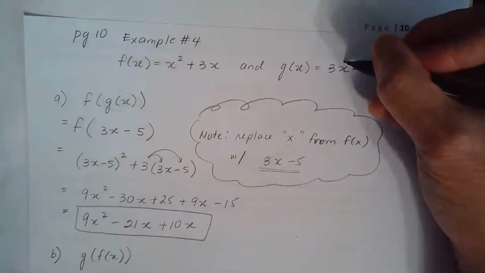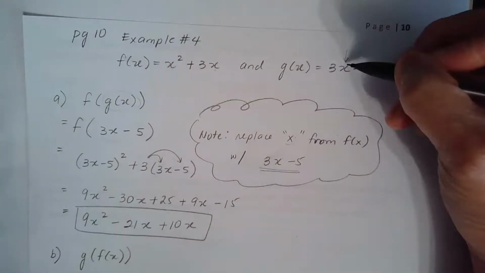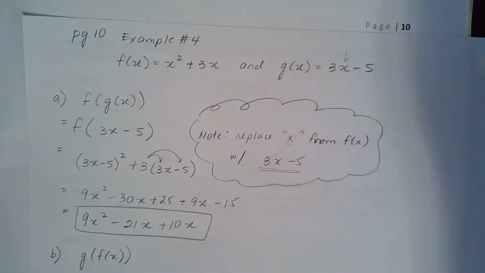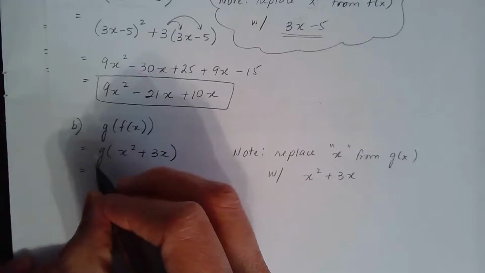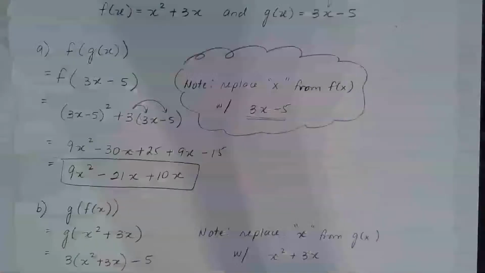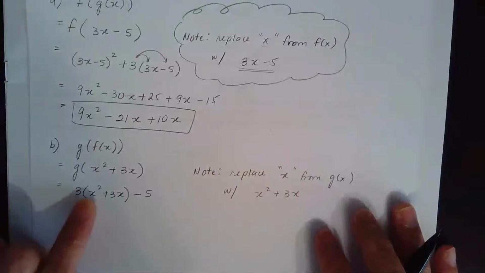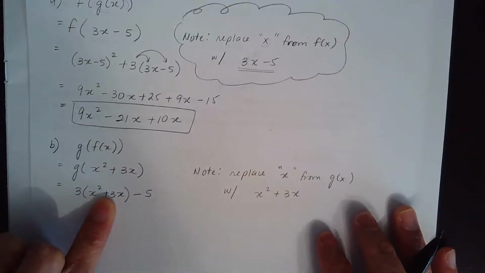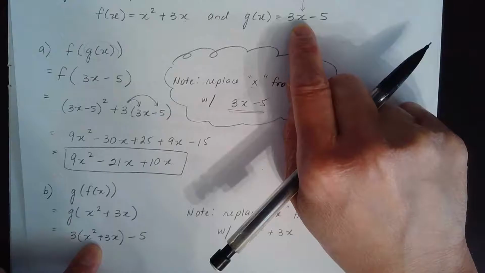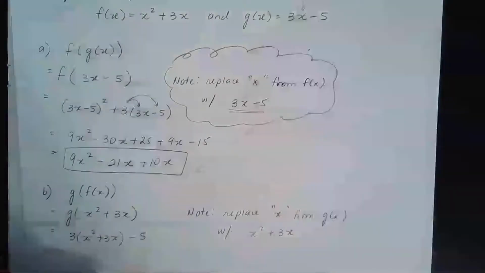So a combination will give us, now let's take a look at g of f of x. So the very first thing that we're going to do is write down g of x, working from inside out. So write down g of x with x squared plus 3x instead of x, and then minus 5. 3, and then the 3 is here.